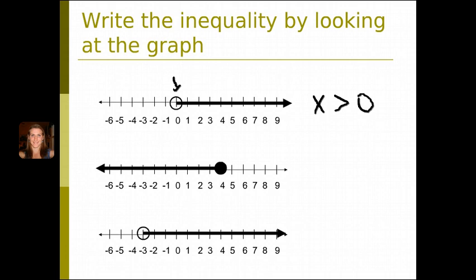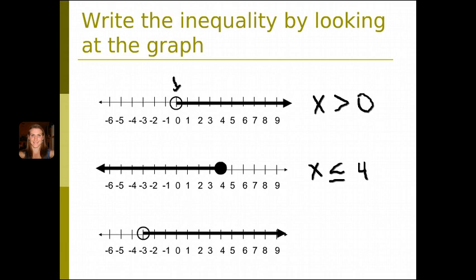Same process for the second example. Our variable goes on the left, our starting number, 4, goes on the right. The numbers in the shaded area are less than 4, and since our circle is closed, it should be a less than or equal to sign.